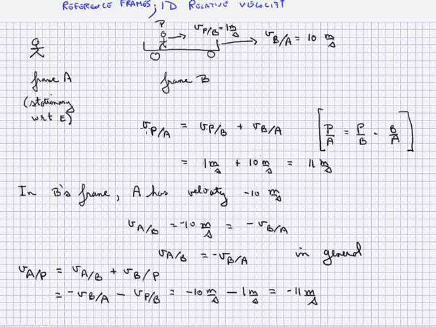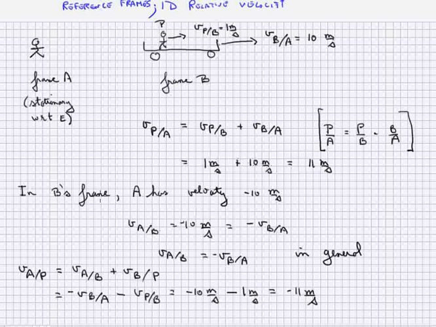So the velocity of the person relative to A, the person standing stationary over here, is going to be the person's velocity relative to the train, to the frame, B, 1 meter per second, plus the velocity of the frame, the train in other words, relative to A, which is 10 meters per second. In other words, the person's velocity relative to A is 11 meters per second.